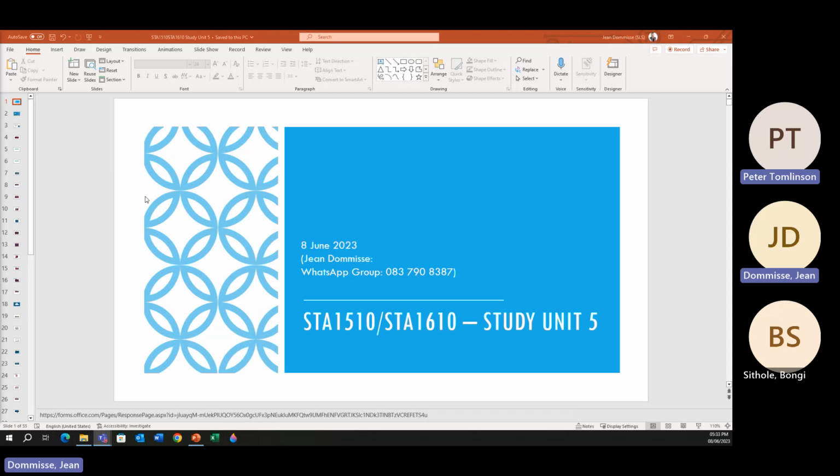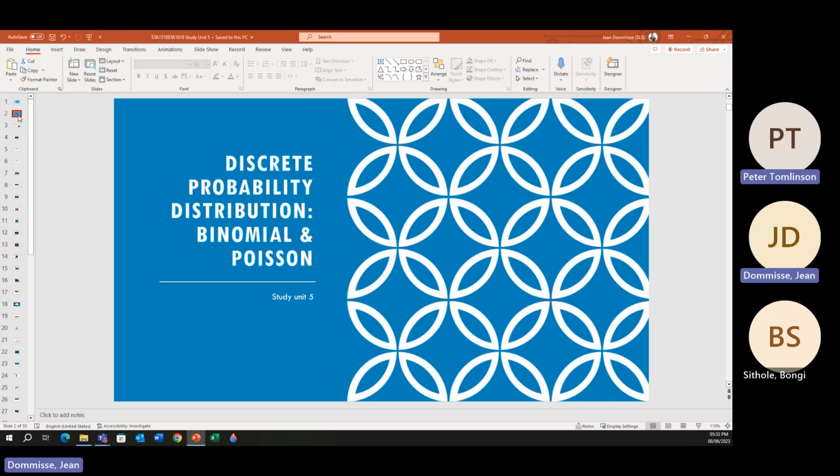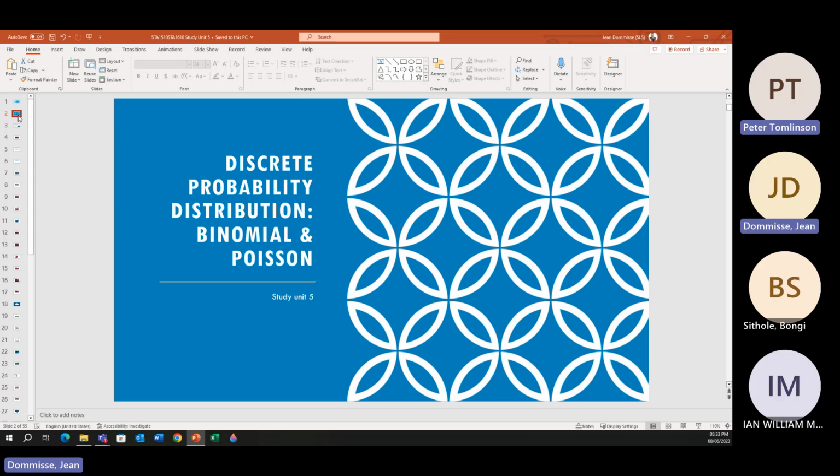So study unit 5, we'll start looking at your discrete probabilities. Included in the discrete probabilities are random, then also binomial and Poisson. So that is the three discrete probabilities that we will cover in this study unit.